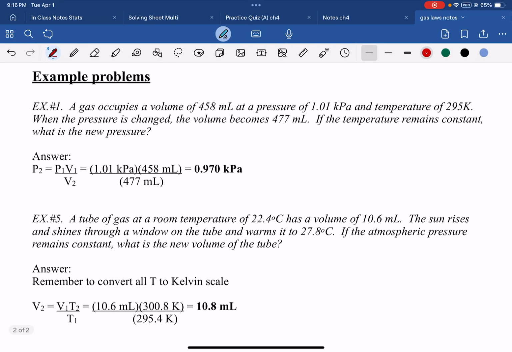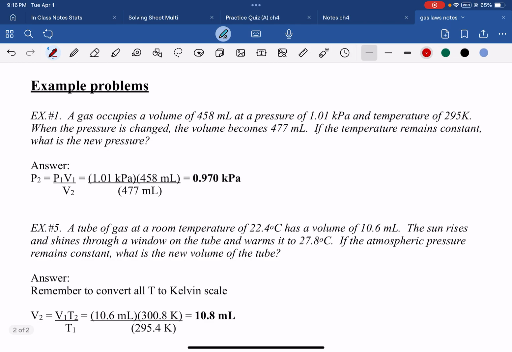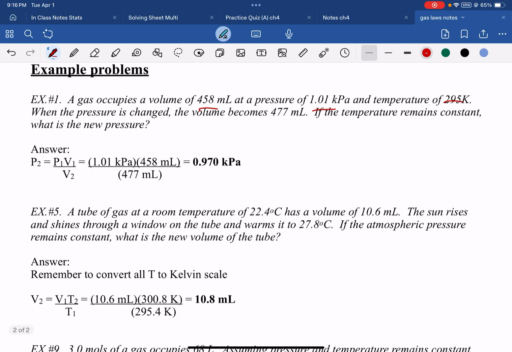First problem, a gas occupies a volume of 458 milliliters at a pressure of this much at a temperature of 295. And it says the pressure is changed and the volume becomes 477. So it's a question about pressure and volume, where the temperature remains constant.